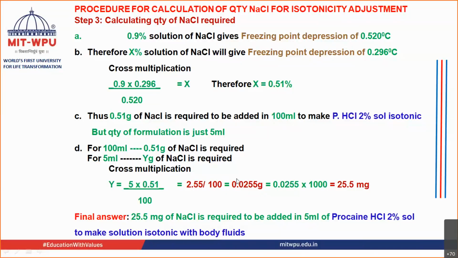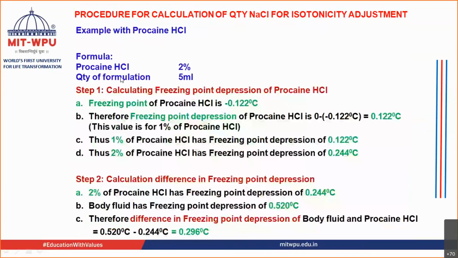If you want to convert it into milligrams, you are going to multiply it by 1000. It comes to 25.5 milligram. So the quantity of NaCl that is required to be added in this formulation, which contains 2% of procaine hydrochloride and 5 ml of your vehicle, is how much?